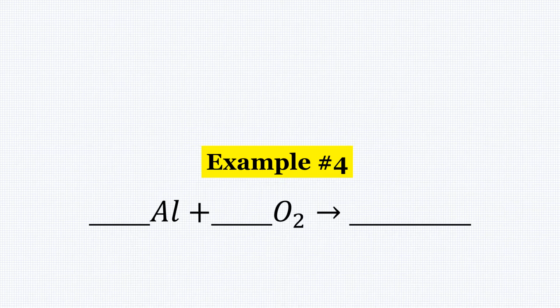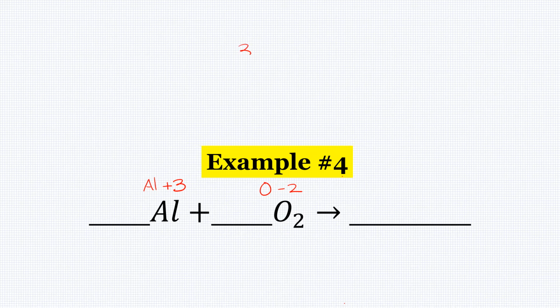Okay, in example 4, we have aluminum and oxygen. Aluminum has a charge of +3. Oxygen has a charge of -2. And again, that's 1 aluminum and 1 oxygen. So again, I'm going to make a table here.